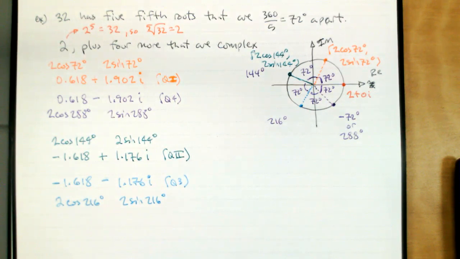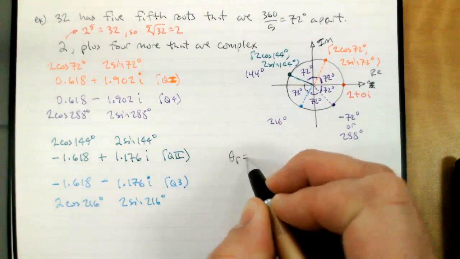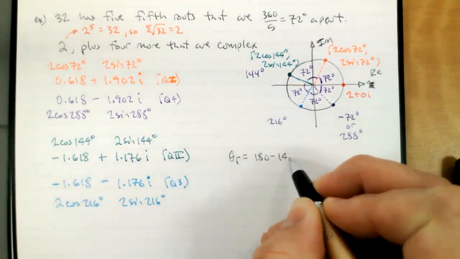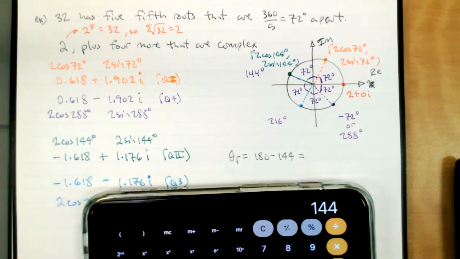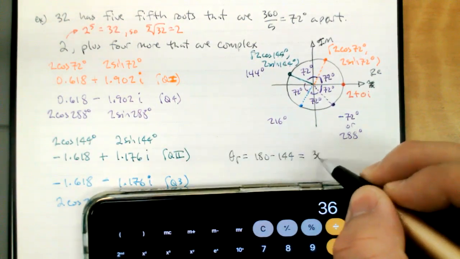Notice that the other fifth roots of 32 are coming in what we call conjugate pairs. The real part is the same, the imaginary part is opposite. We can see that 72 is the same reference angle for 72 and 288. But the reference angle for 144 is 180 minus 144, 36 degrees.